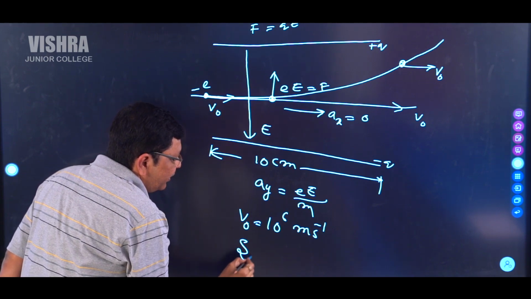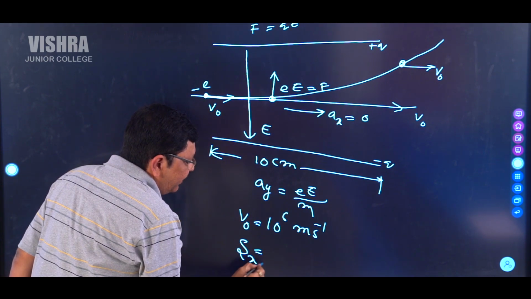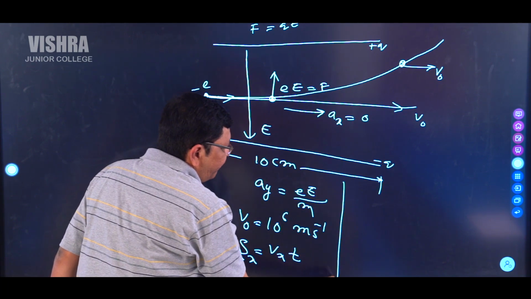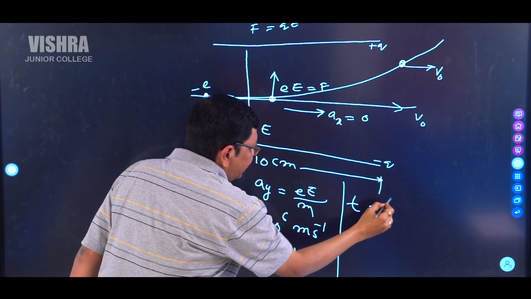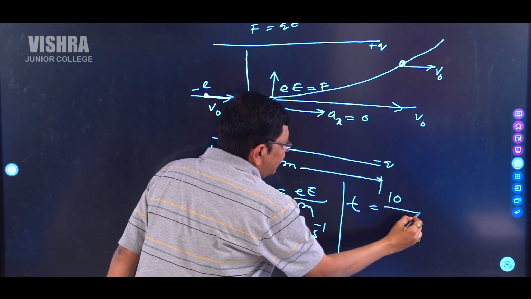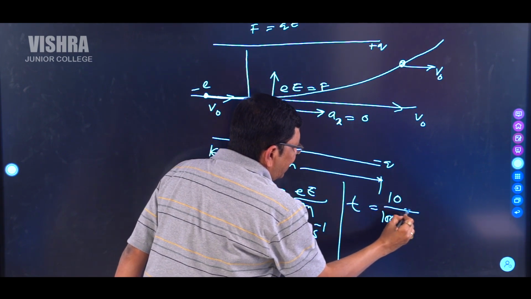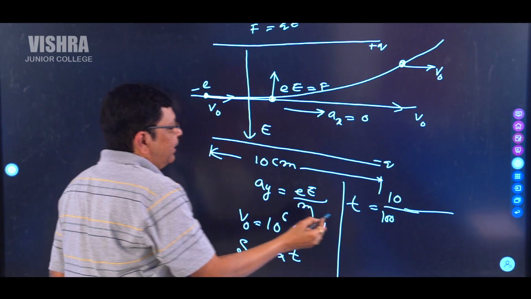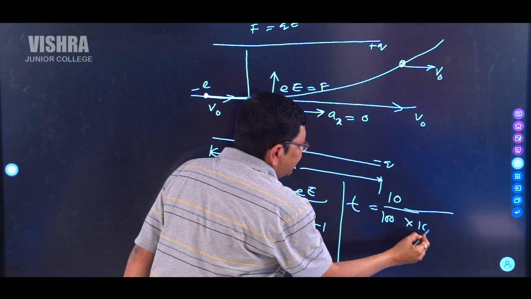You can use a simple concept. Displacement traveled in horizontal direction is velocity multiplied by time. From this, time is equal to displacement, that is 10 centimeter, that is 10 by 100 meter, because 1 centimeter is 1 by 100 meter, upon velocity of the electron, that is 10 power 6.